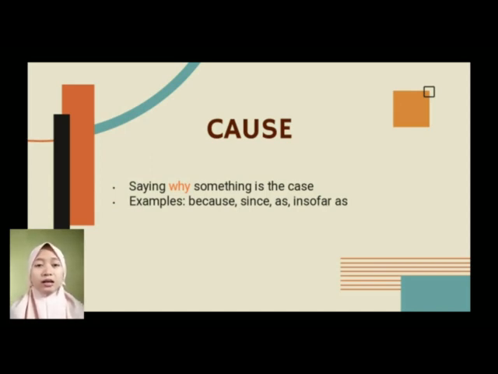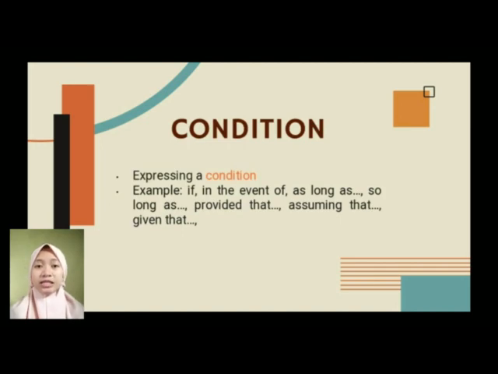And then the fifth, condition. The role of discourse markers under this category is to express a condition. Examples are if, in the event of, as long as, so long as, provided that, assuming that, given that.